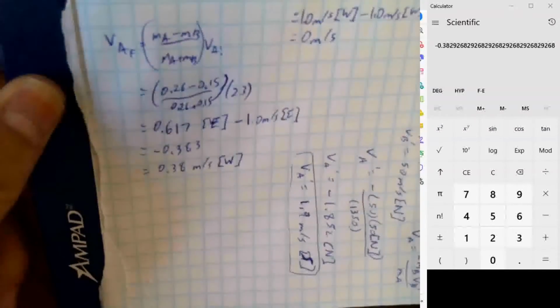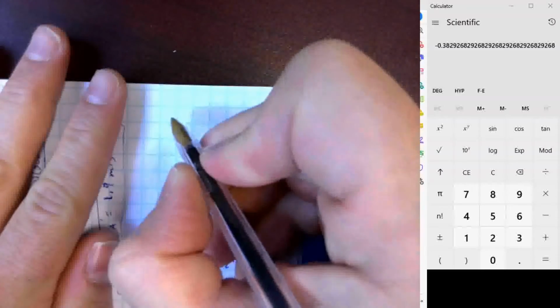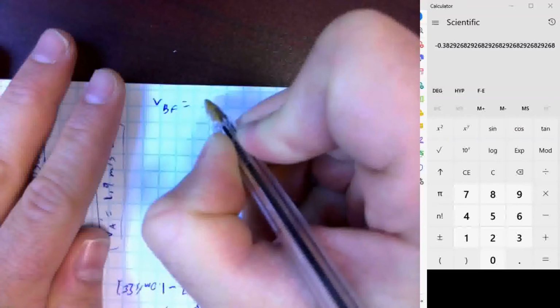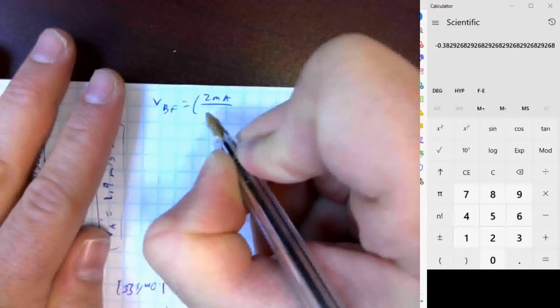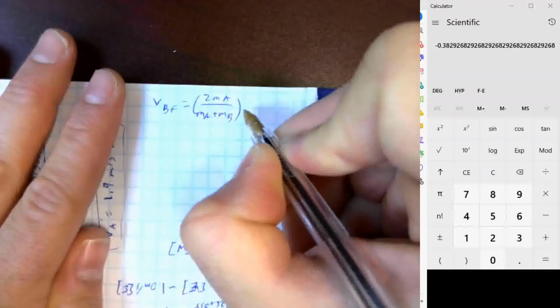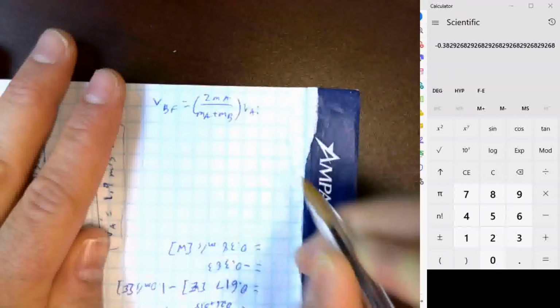I'll quickly fit in this last part here. Let me just put the paper over here so I can use that space. I like to save as much paper as possible. The other value to solve for is VBF. And VBF is 2MA over the sum of the masses multiplied by VAI.